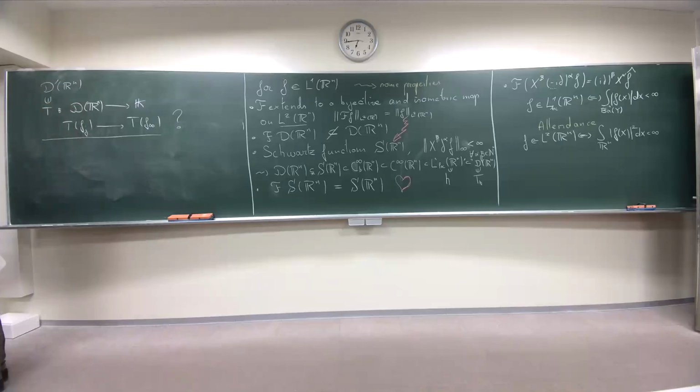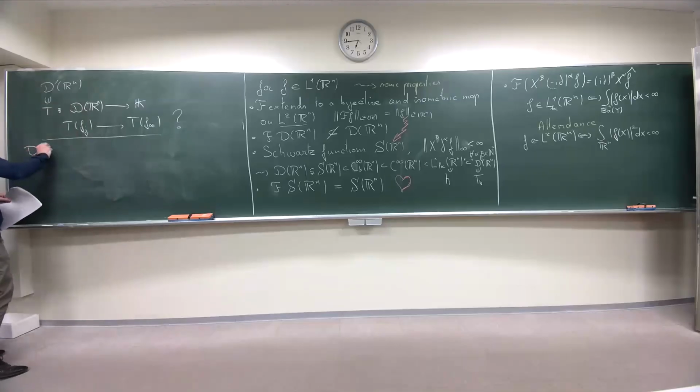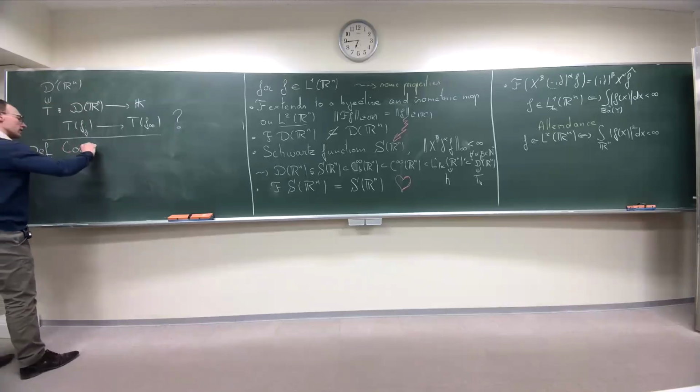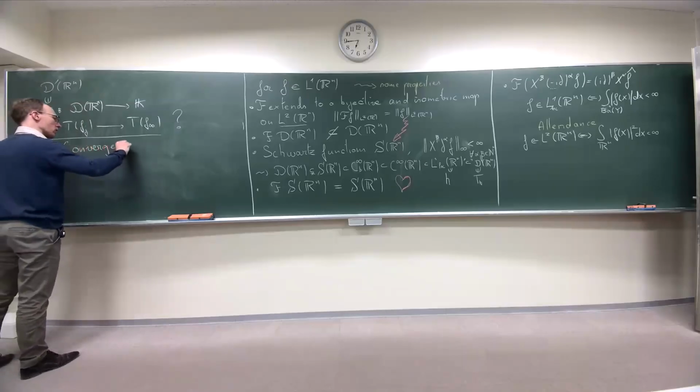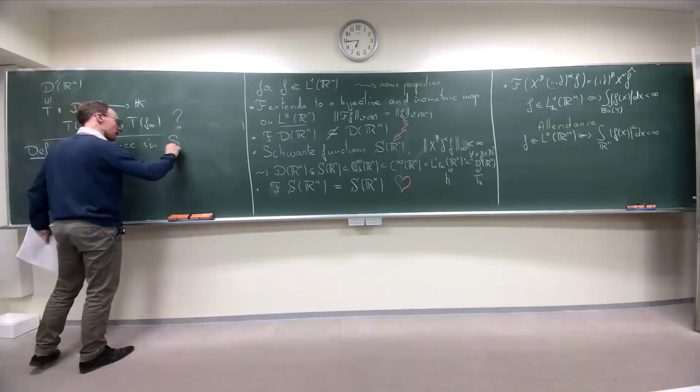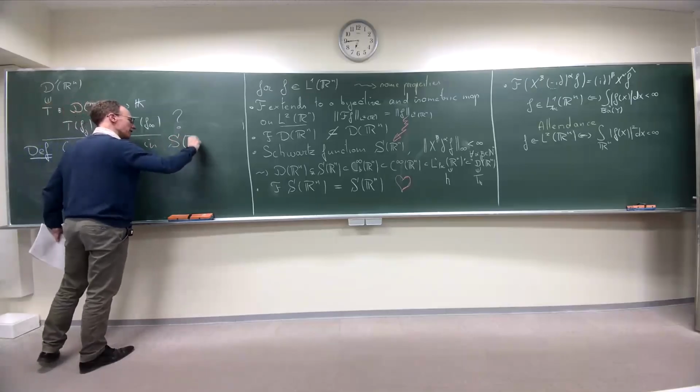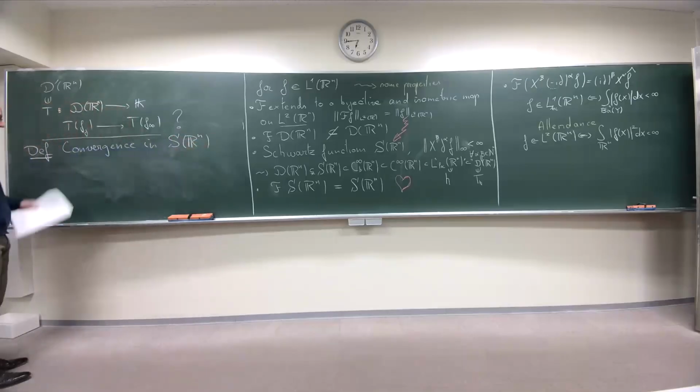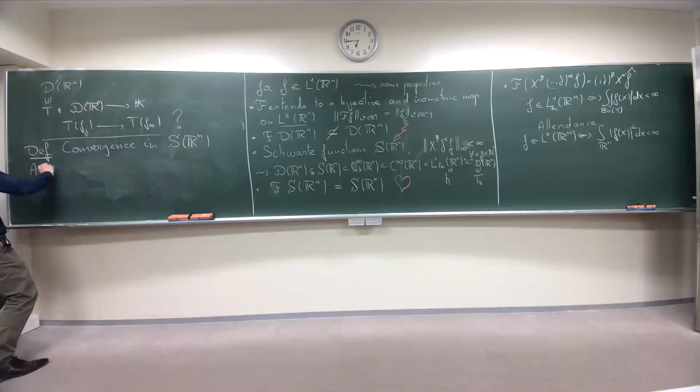Is there any question? So I need to define, this is the first definition, the notion of convergence. Convergence in the Schwarz space. And remember, the Schwarz space is bigger than the set of test functions. So let me write the definition.